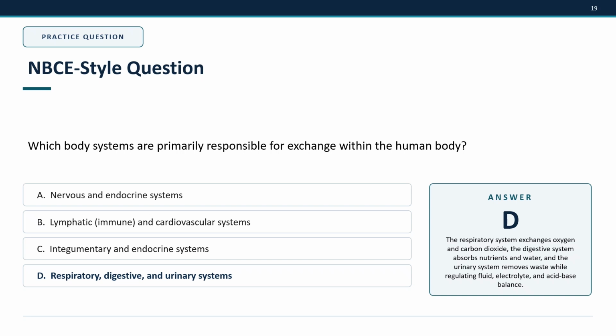Digestive system is absorbing nutrients, water, and then the urinary system is sometimes included in this because it is removing waste while regulating fluid balance. So you won't always see the urinary system here, but just know that it can pop up when we're talking about exchange within the human body. So the right answer is D.